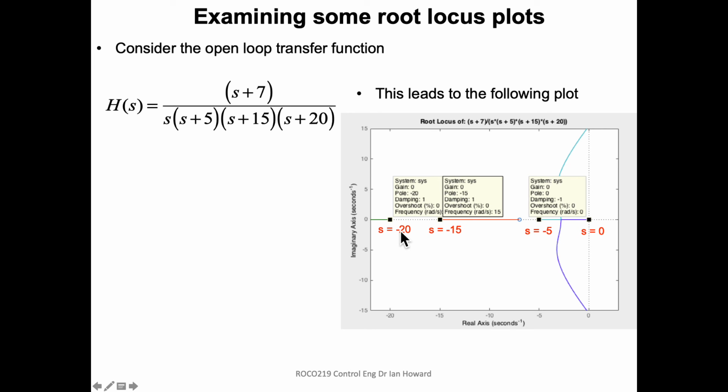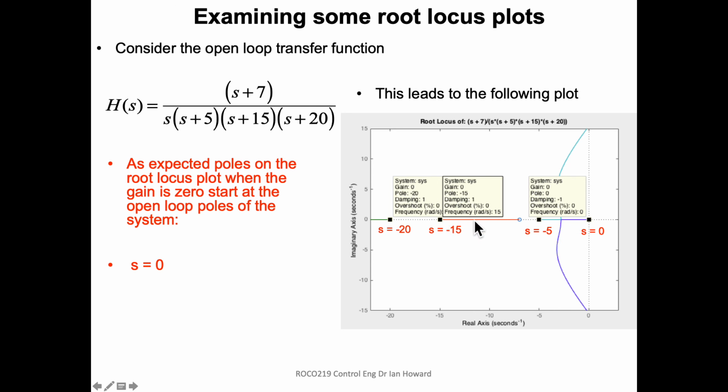And as the gain changes, these trajectories start moving. They're moving in and then going up, and then moving in and going down, moving in and going up. So as the gain changes, it changes the location of the poles. That's just the location of the poles when the gain is 0.